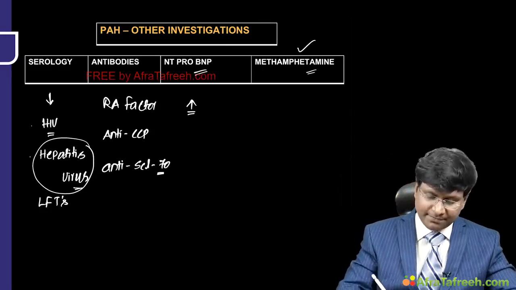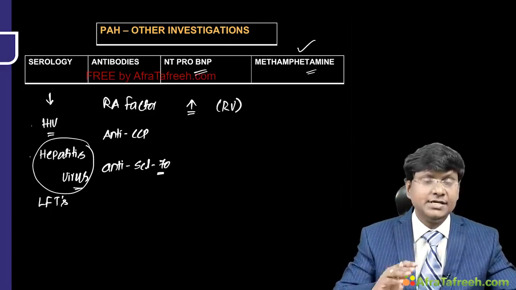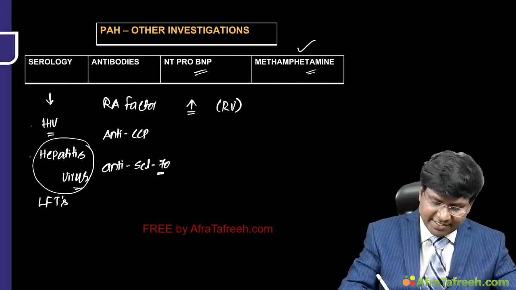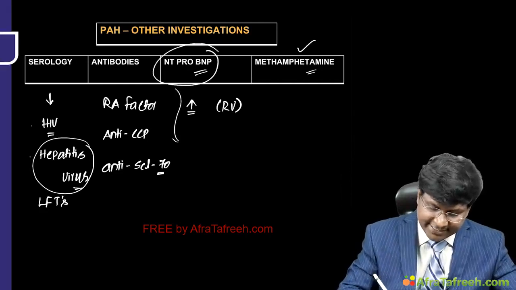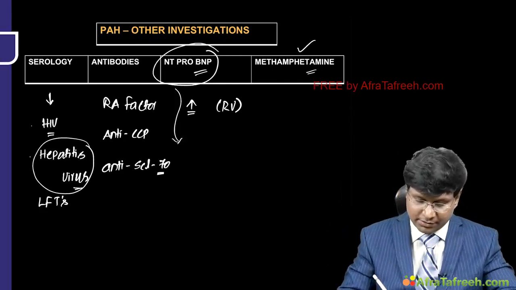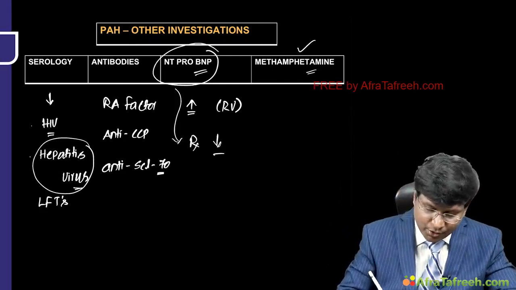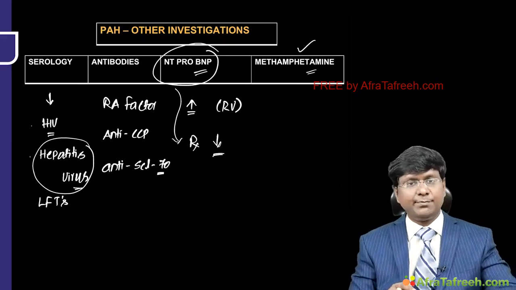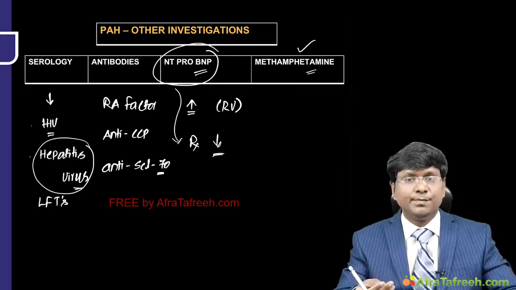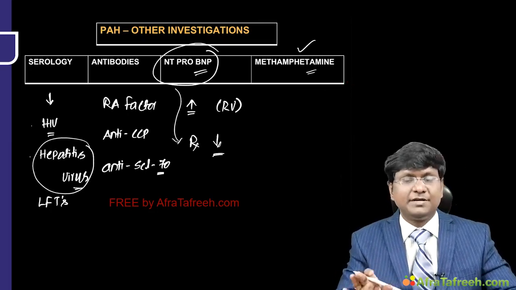That will be released from the right ventricle once there is right ventricular distension or dysfunction. So the importance of NT-proBNP is that your treatment should target lowering its levels. So it is not only diagnostic, it also helps in therapeutic as well as prognostication of these pulmonary vascular disorders.